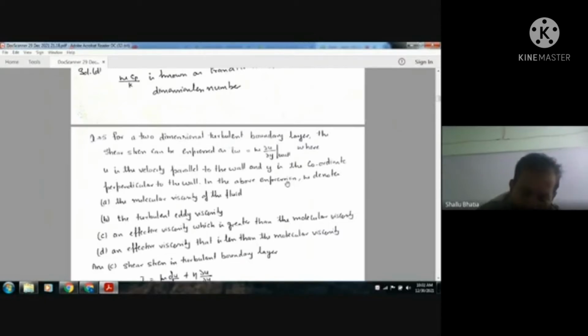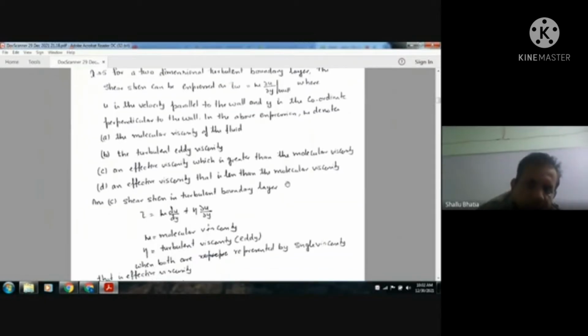In the above equation, mu denotes option A, molecular viscosity of fluid, B, turbulent eddy viscosity, C, an effective viscosity which is greater than molecular viscosity, D, an effective viscosity which is less than the molecular viscosity.